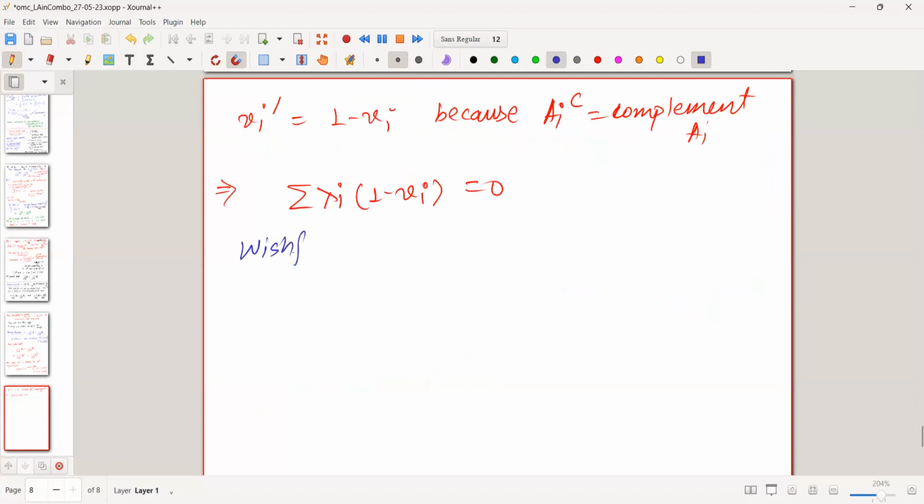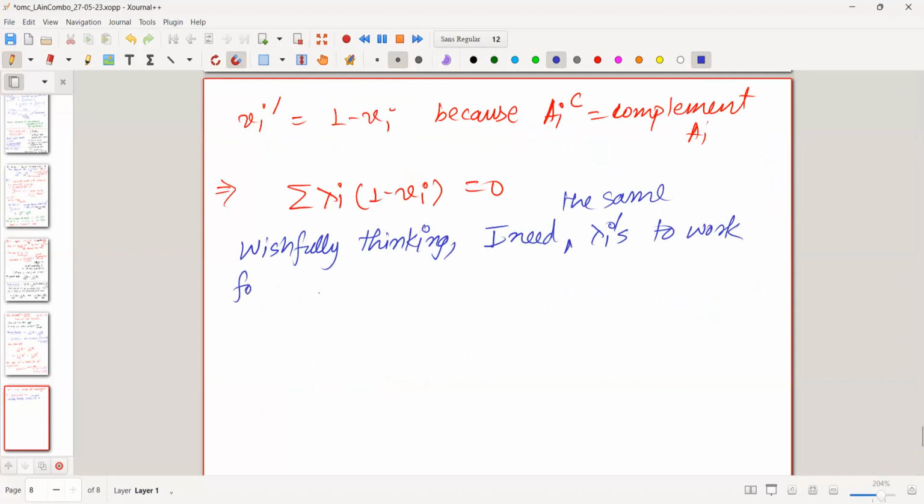Wishfully thinking, I need the same lambda_i's to work for the v_i's as well.